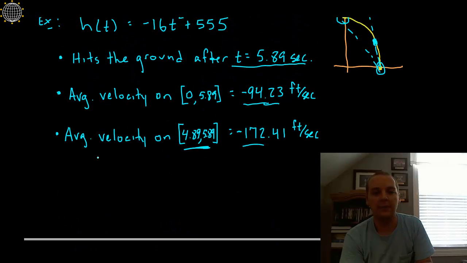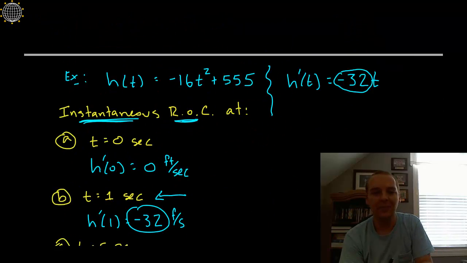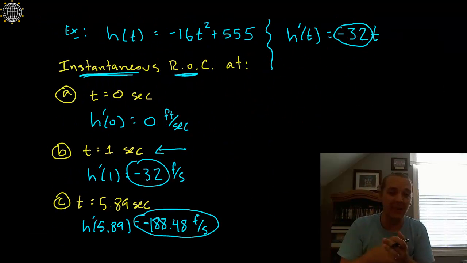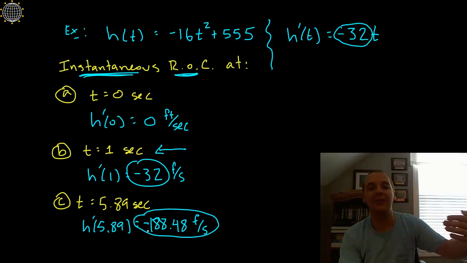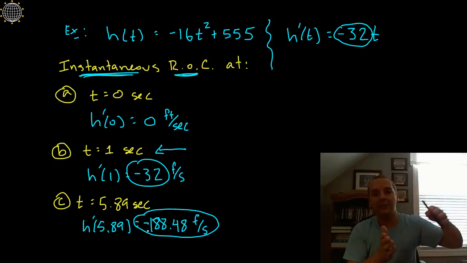Moreover, if you look at the average velocity in just the last second alone, it was negative 172 feet per second, and at the second of impact, the instantaneous rate of change was negative 188, which is even faster than the average velocity over the last second.